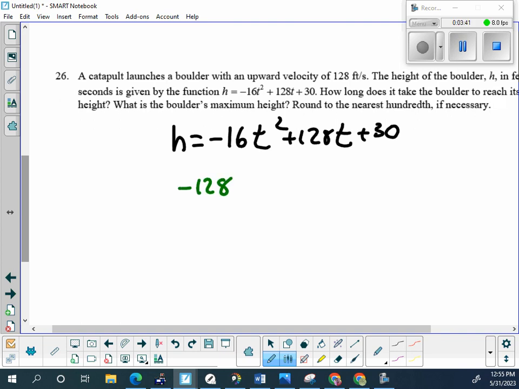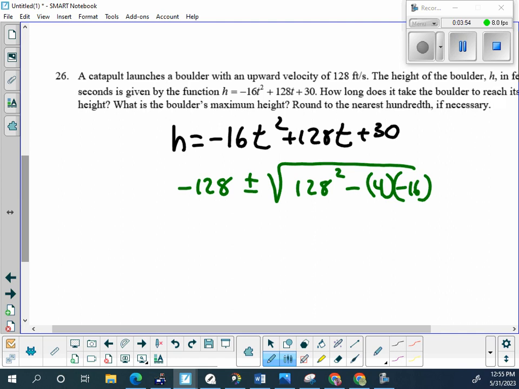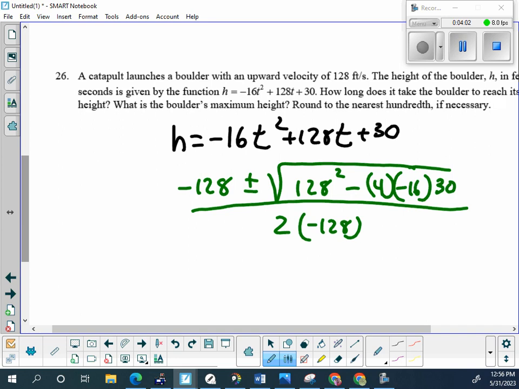So -128 plus or minus the square root of 128 squared minus 4 times -16 times 30 all over 2 times -128. Now, since it's -128, the -1 is going to be our answer, the one we want to go with.